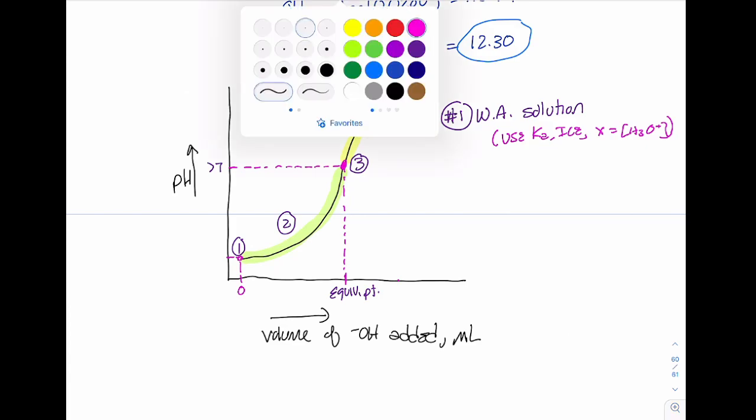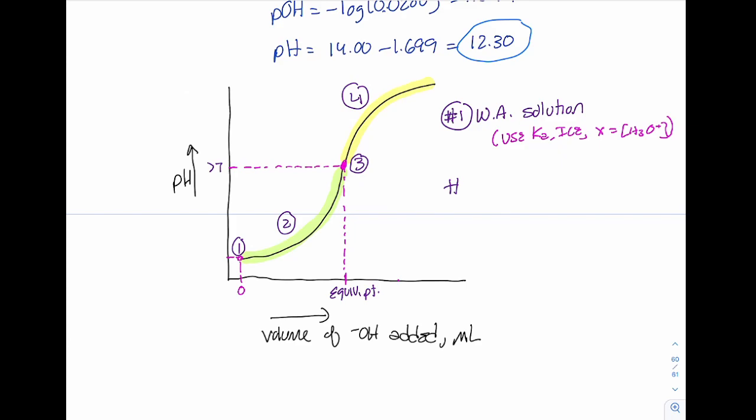Number 2 is a buffer solution. So anything between 0 milliliters of base added and the volume that you need to get to the equivalence point is going to be a buffer solution. I would highly recommend using the Henderson-Hasselbalch equation, but you don't need to.